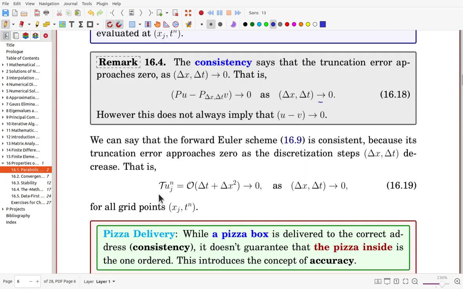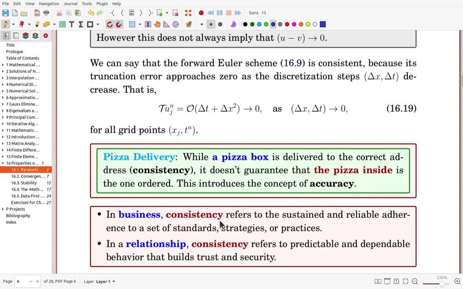So for the Euler method, the truncation error is order of delta t and order of delta x squared, and is converging to 0 as the grid size approaches 0.